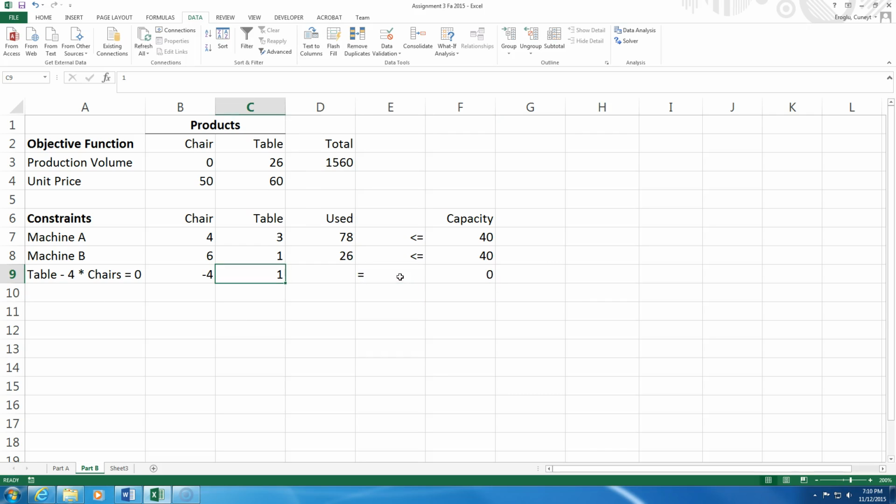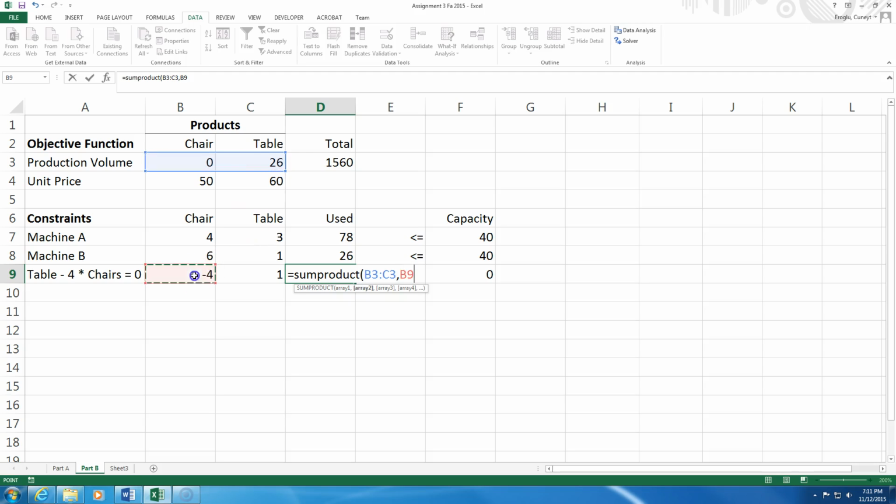Okay, so let's do this. Here, sum product, parentheses. These are the numbers, comma. These are the coefficients, close parenthesis, enter. Okay, so here we have an imbalance because the chairs are not 4 times the table.